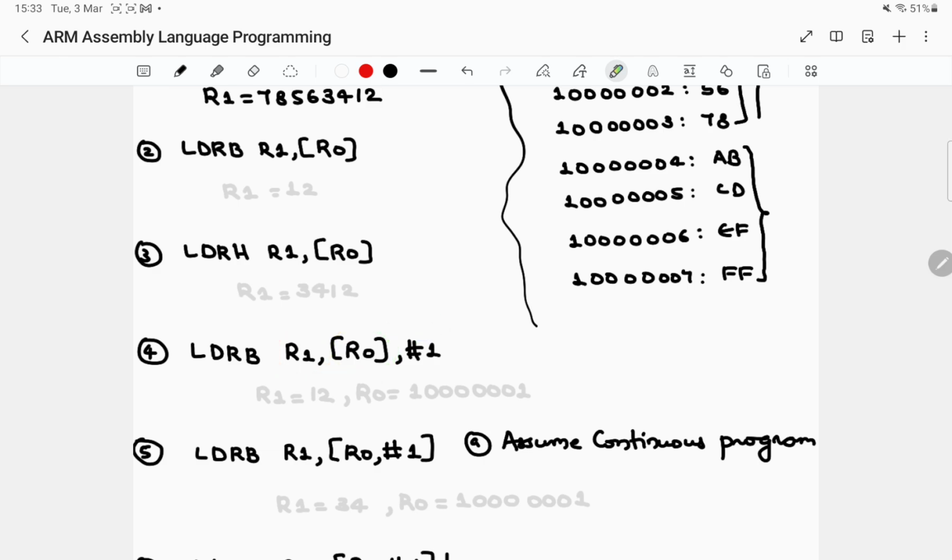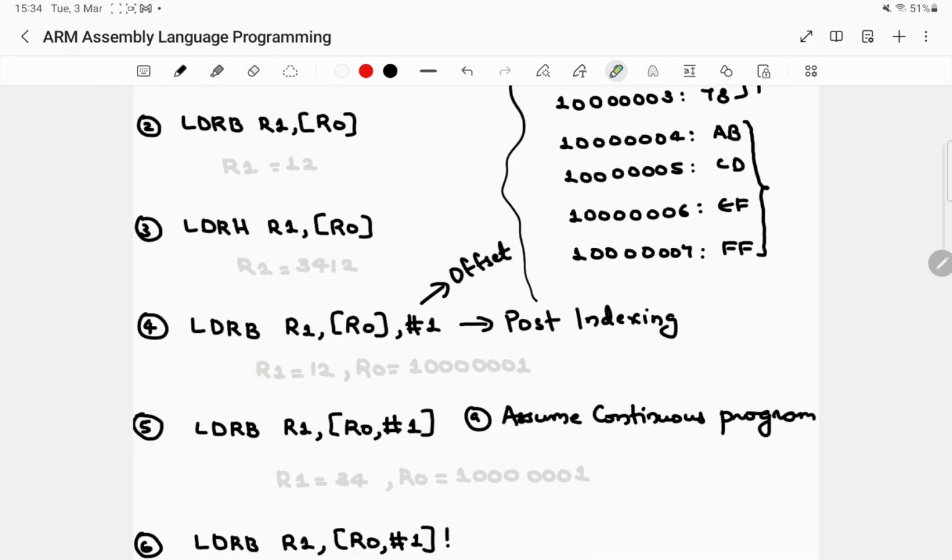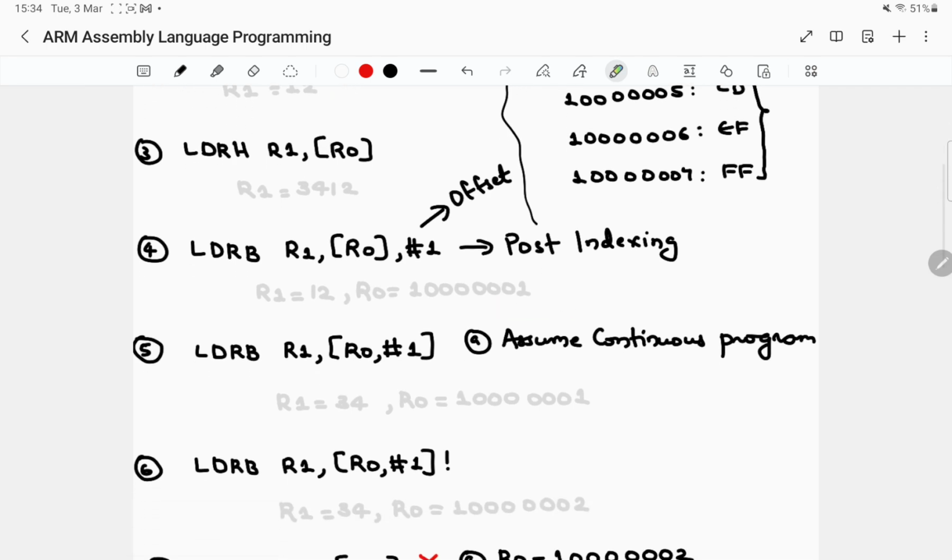This is called post indexing, and this is called the offset. So R0 will become 1 followed by 6 zeros followed by 1.